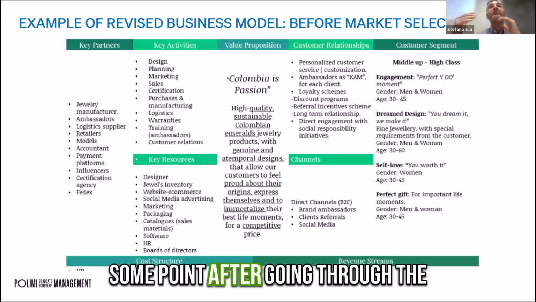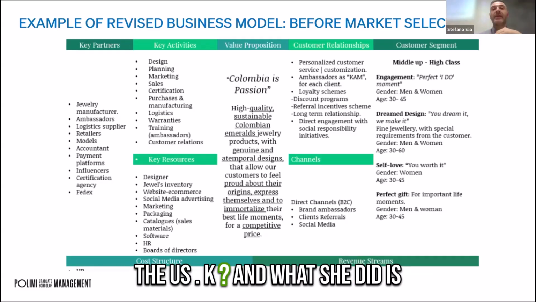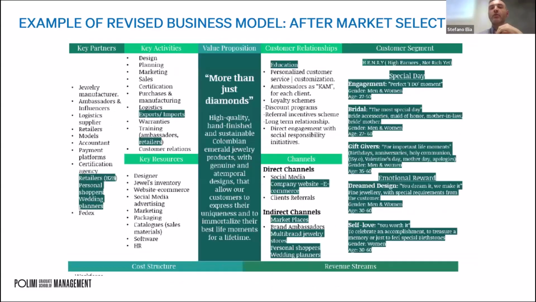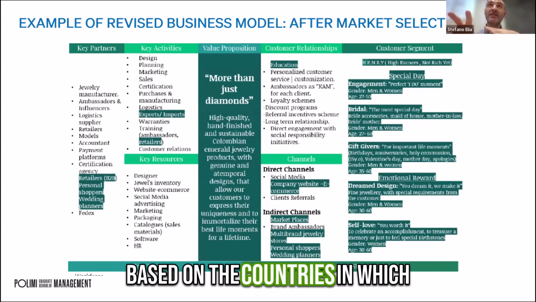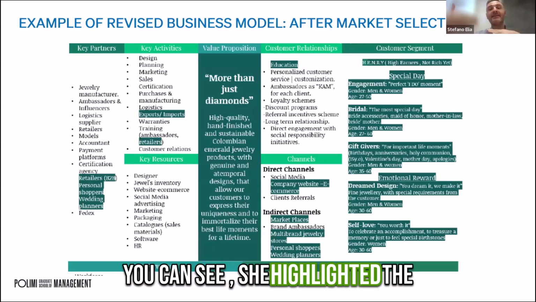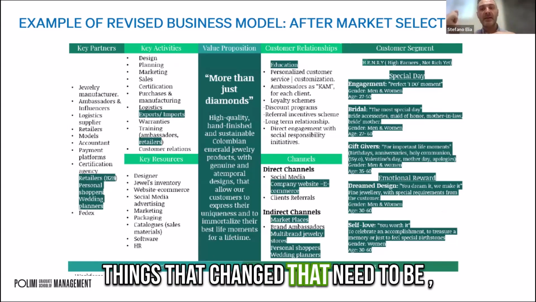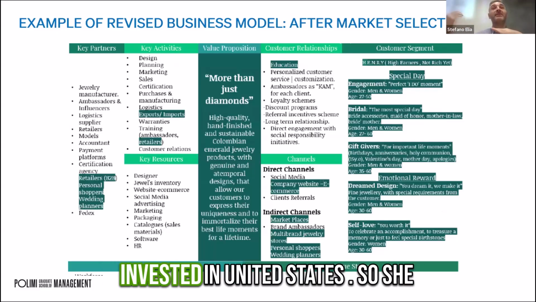At some point, after going through the second step, she decided to invest in the US. And what she did was to adjust the business model canvas based on the country in which they decided to invest. So, as you can see, she highlighted the things that need to be modified whenever you invest in the United States.